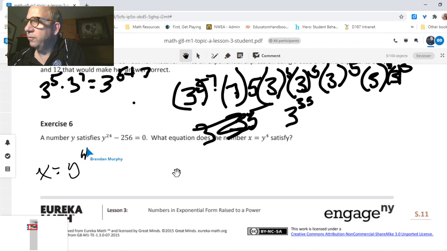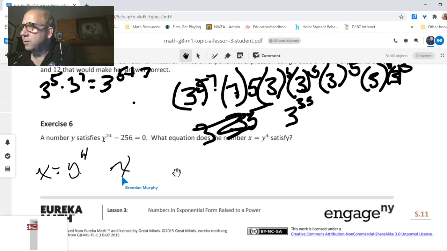How many y to the 4ths are in 24? So if I divide that 24 by 4, that's 6. So I have 6 y to the 4ths in y to the 24th. So that means I have x to the 6th minus 256 equals 0.